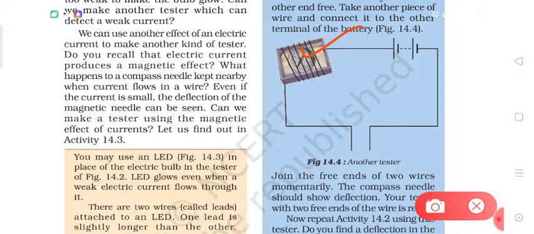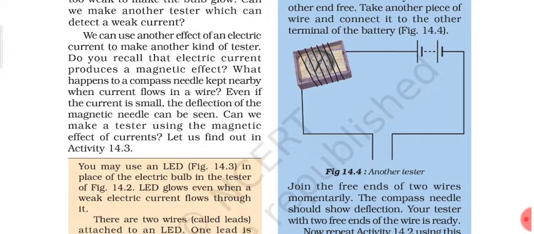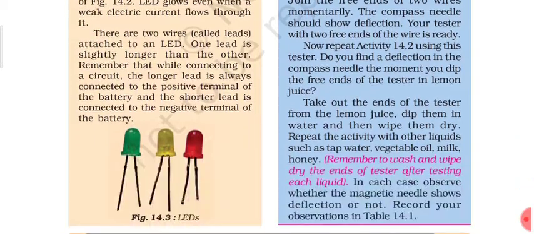So however weak the current may be in the conductor, the magnetic compass needle will always show a little deflection. So this is a more sensitive type of tester that we are using, right?